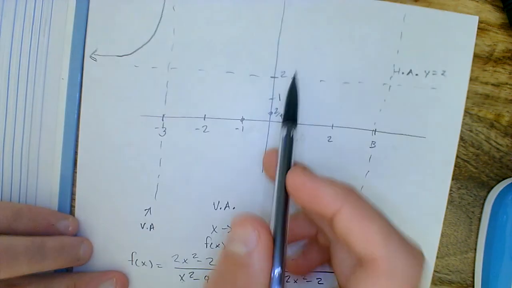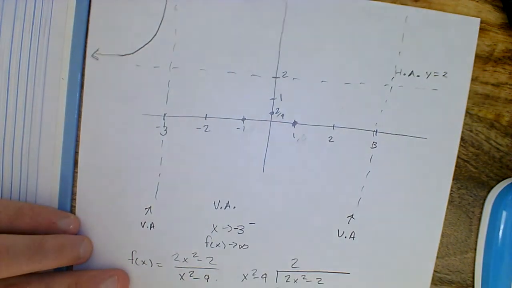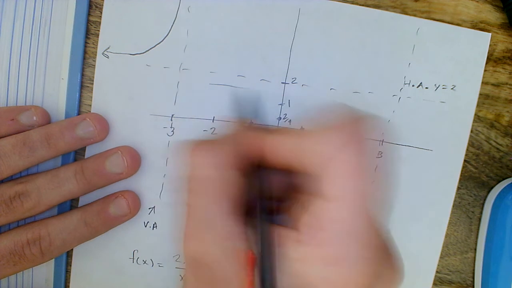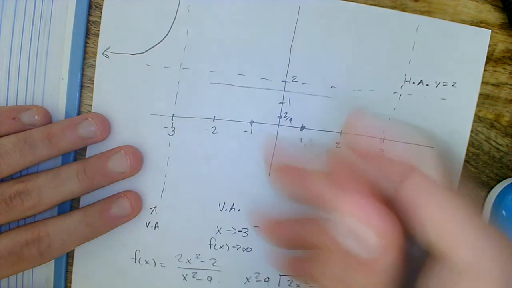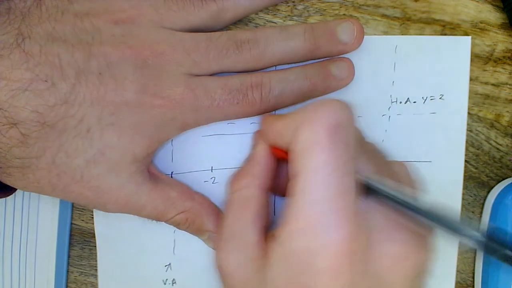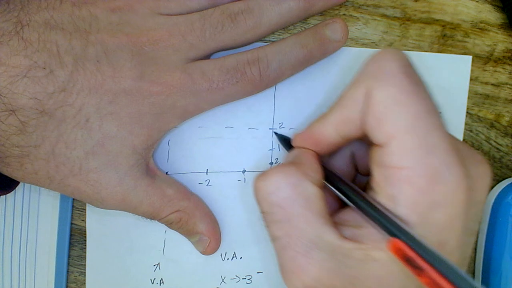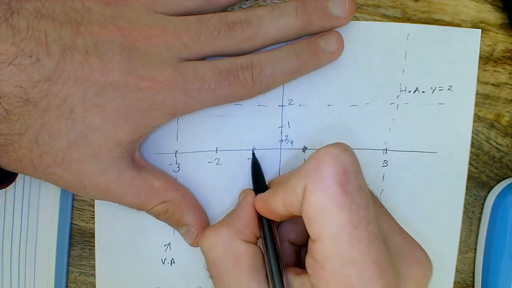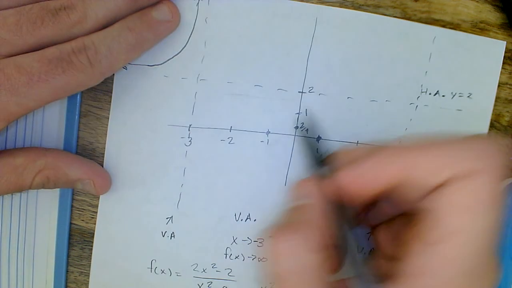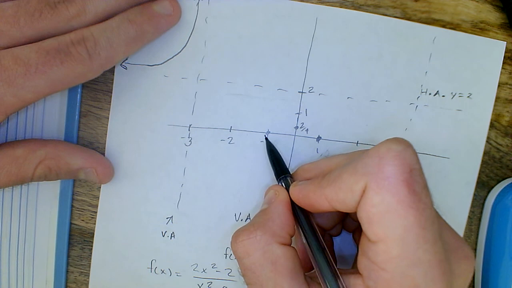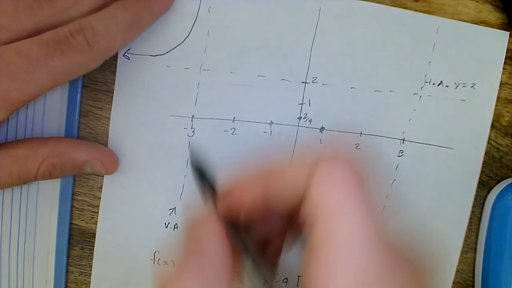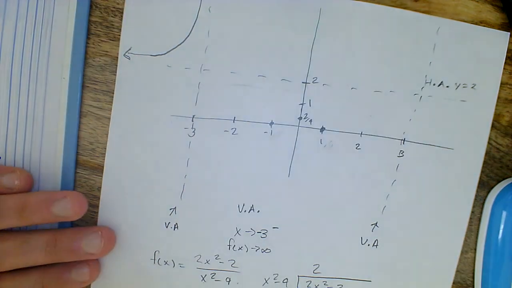from our vertical asymptote test, we're on the bottom side of the horizontal asymptote in between negative 3 and 3. But we also know that we have to pass through these 3 points. So it might kind of look like this.